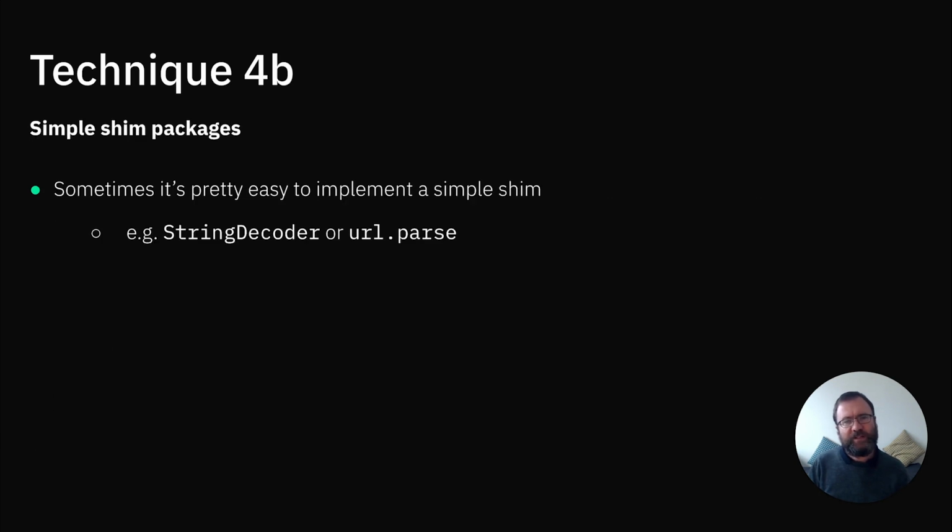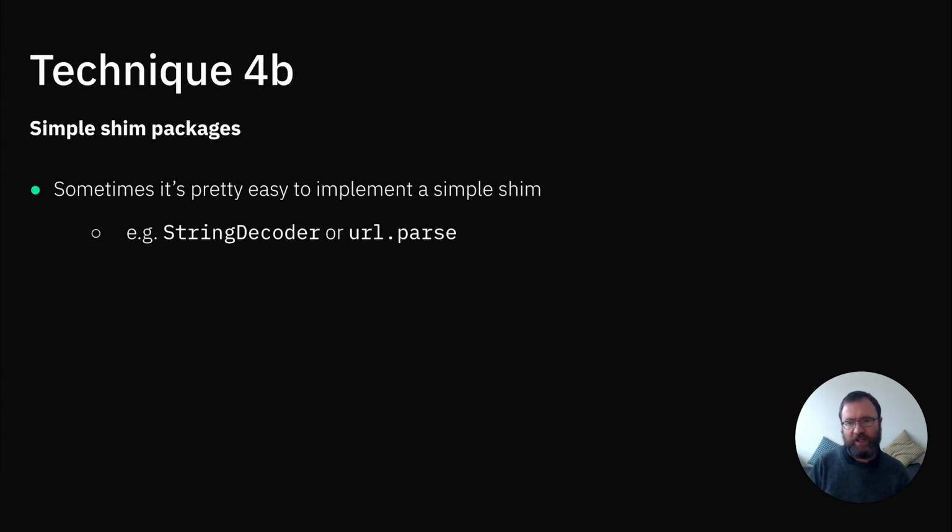Now we can use essentially the same technique when a package imports a built-in package and really does need to use it, or at least needs to use some part of it. Happily, it can often be quite straightforward to re-implement or translate functionality in that case. A couple of examples, again drawn from bundling pg as Neon's serverless driver, are string_decoder and url.parse.